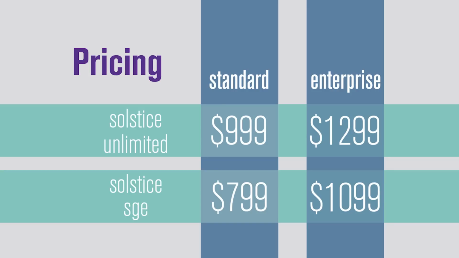Note that the Solstice display hosts listed here are licensed Mersive software products available for purchase. All other components of the Solstice product suite are free software downloads available from mersive.com/download.